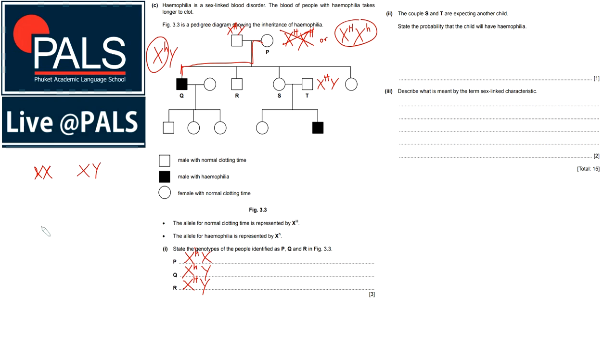So we can make a Punnett square for this as well to use these ones. So this is going to be X capital H Y for the father. And since they do already have a son with hemophilia, this leaves us with the same situation as before. The mother must be heterozygous, so have a dominant and a recessive allele.